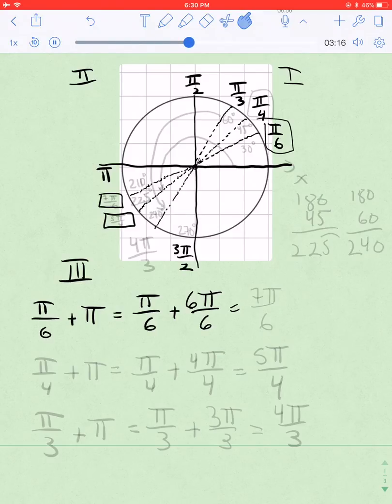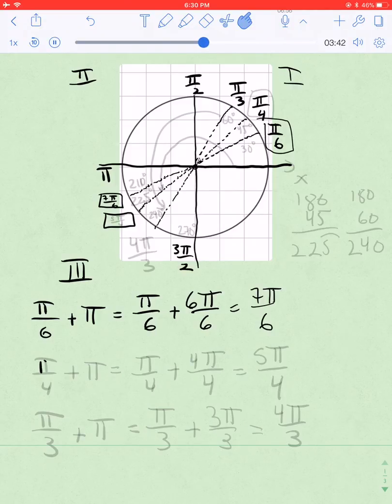Now when we add this, right, we're going to get what? We're going to get 7 pi over 6, right? 1 pi over 6 plus 6 more pi over 6 is 7 pi over 6. And so this is 7 pi over 6.